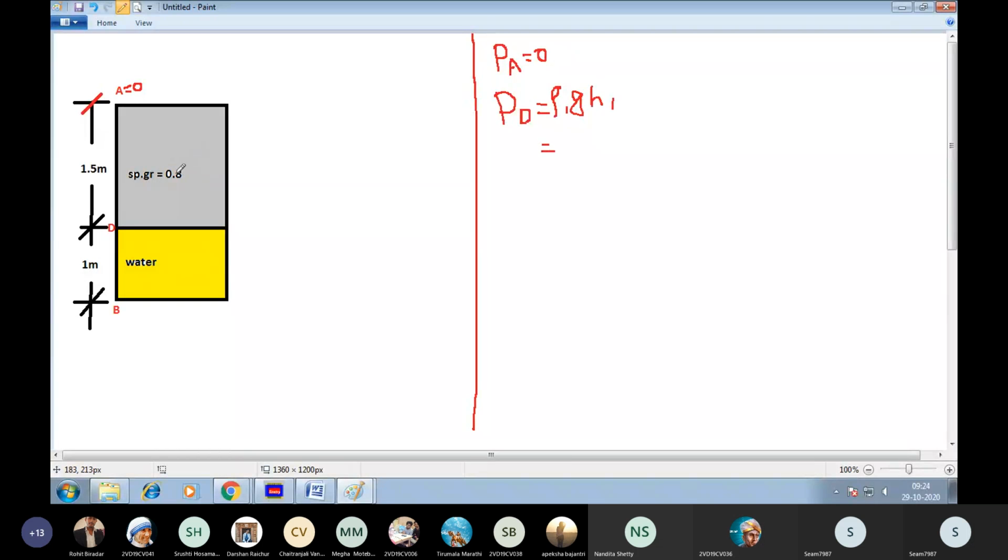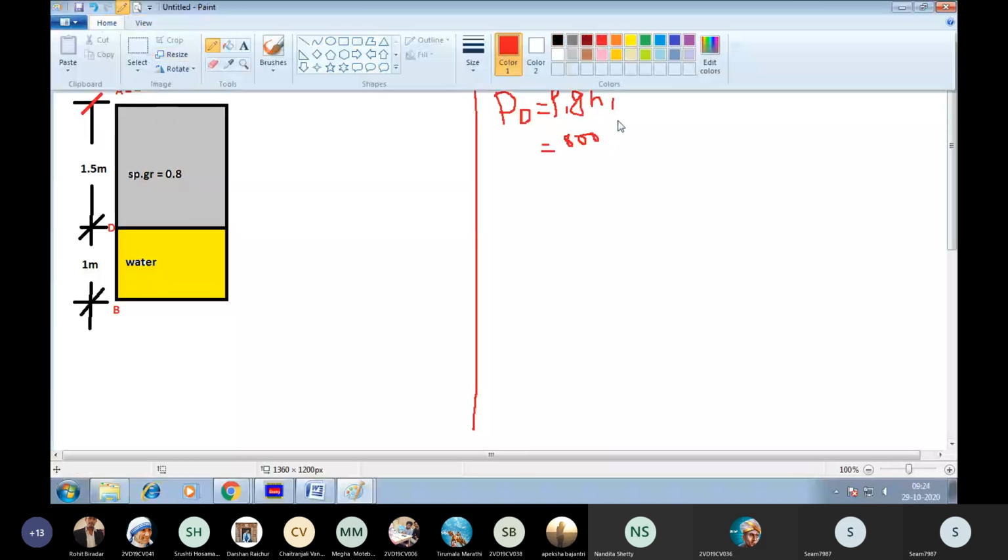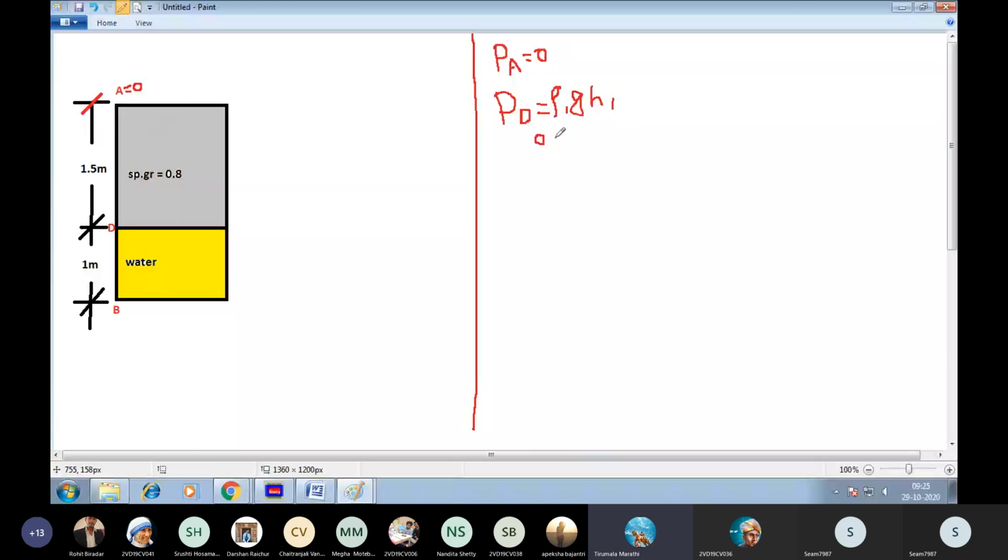Since specific gravity is 0.8, therefore density will be 800 into 9.81 into h1 is 1.5, and tell me the value of PD, that is pressure at D. 11,772, ma'am. That is Newton per meter square.